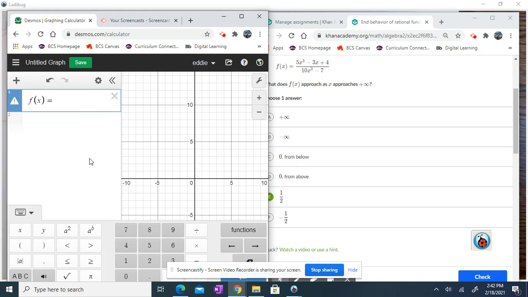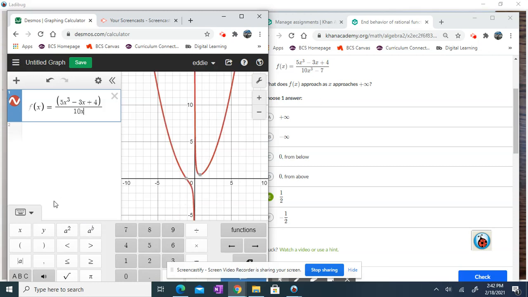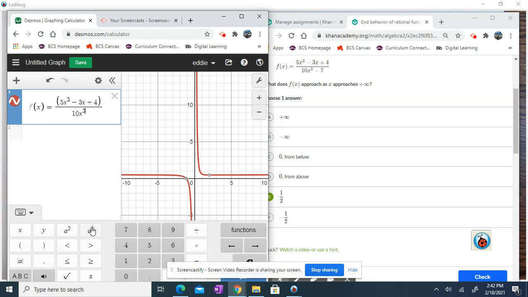I'm going to put in 5x cubed minus 3x plus 4 over 10x raised to the third minus 7. See how the graph just keeps changing.